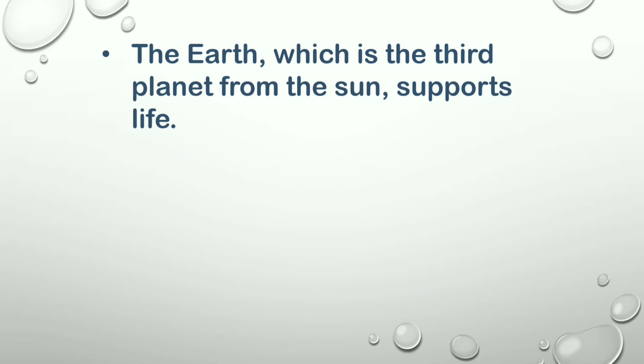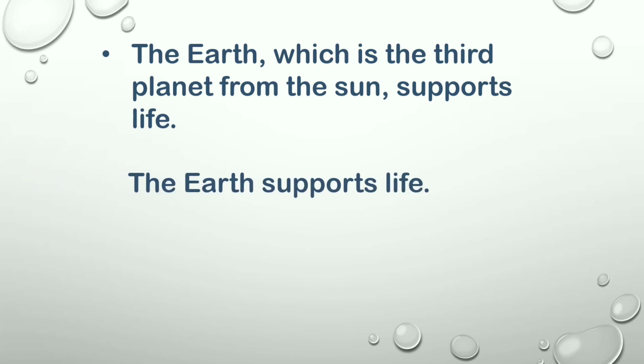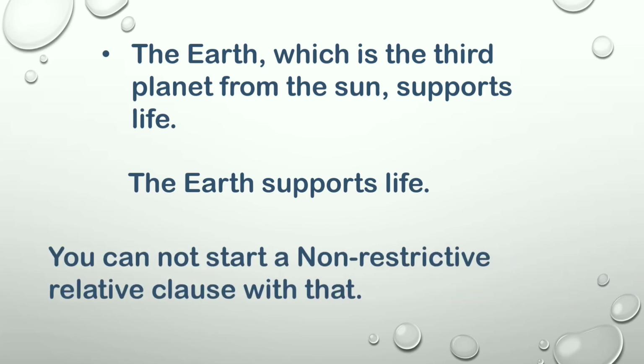Here you can see that the non-restrictive relative clause adds information without changing the meaning of the sentence. Even if you take it out, the main sentence remains the same. The Earth supports life, right? Could you use that in the relative clauses that have which? No, you cannot start a non-restrictive relative clause with that. Fine, I hope you got this.